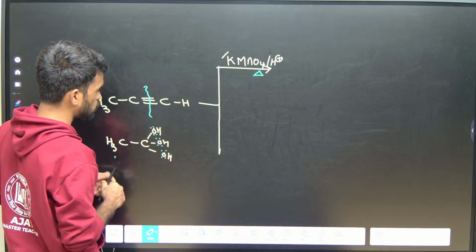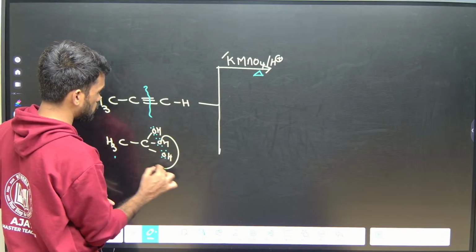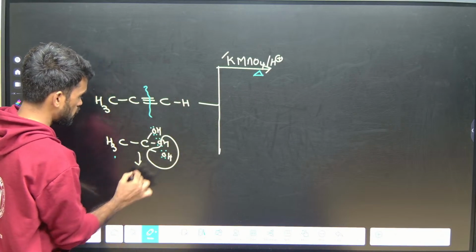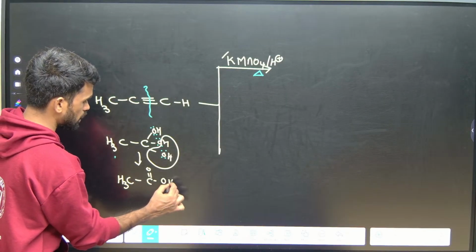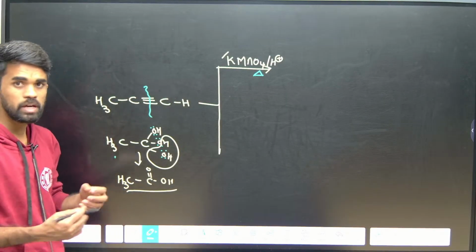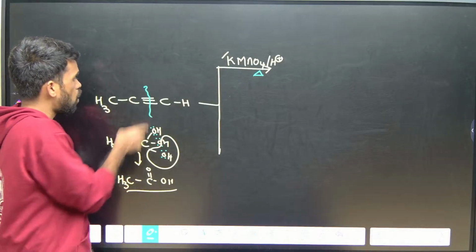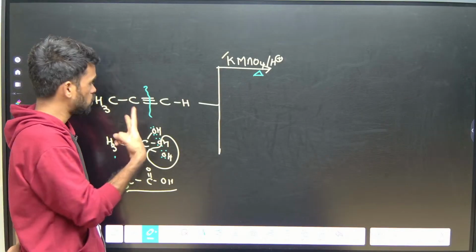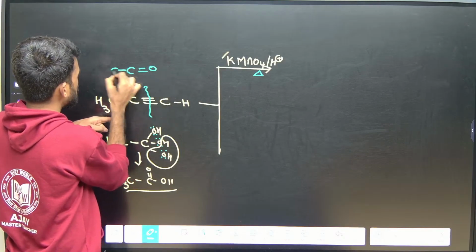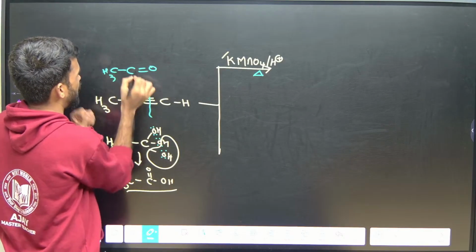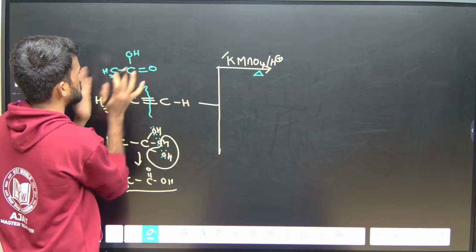So what you can do is remove water from here, so that you will get CH3, C double bond O, OH, like a carboxylic acid is formed. In other words, 2 valencies of this carbon are satisfied by oxygen, and one more valence is satisfied by OH. That's it. This is the product formed.